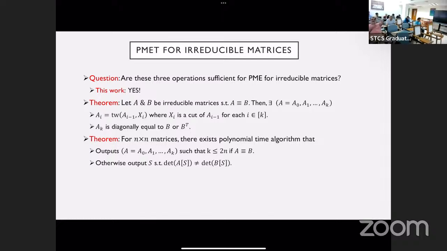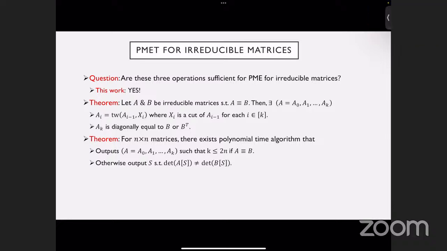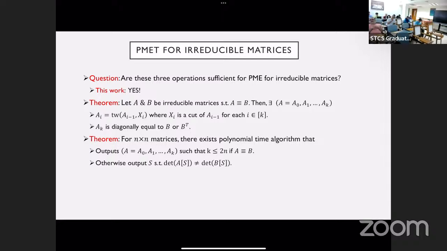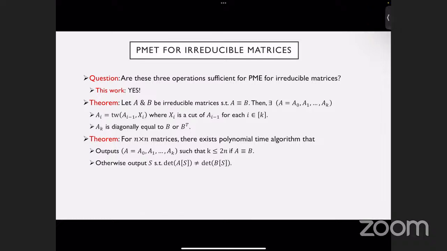Sorry, so in your second theorem, the sequence of matrices is similar to what you have in the first theorem. That is, it tells you how to transform A to B. Yeah, so this is kind of like a certificate that they have the same principal minors. And does this assume that A and B are irreducible, or does it work for any A and B? Yeah, here we assume that these input matrices are irreducible.